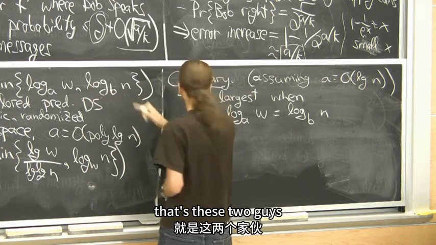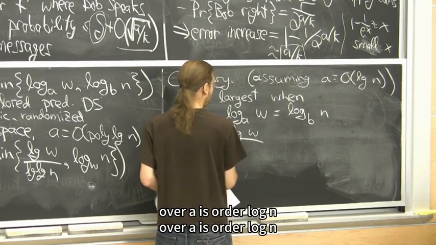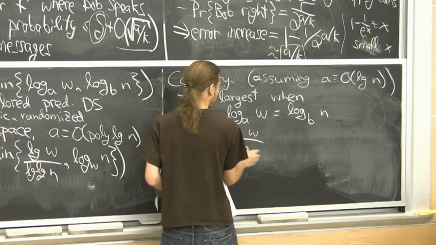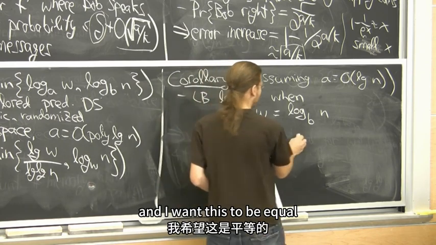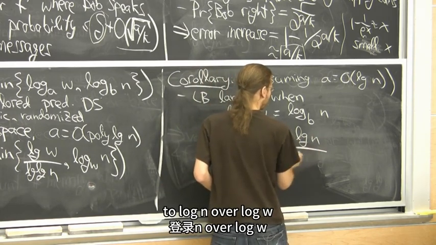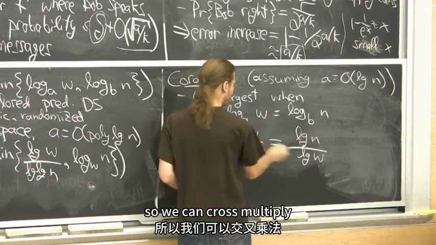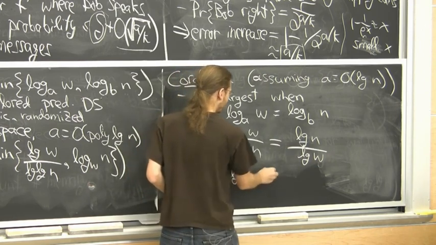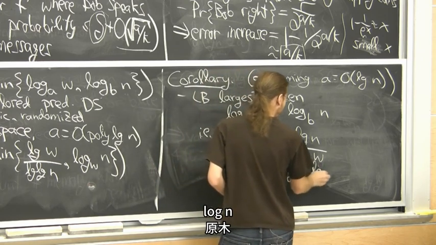That's these two guys. So this is log W over A, where A is order log n, so this is going to be order log n. And I want this to be equal to log n over log W. So we can cross multiply, get log squared W equals log n log n.